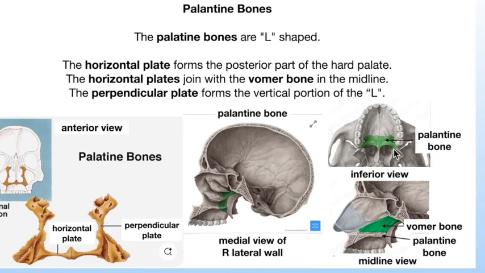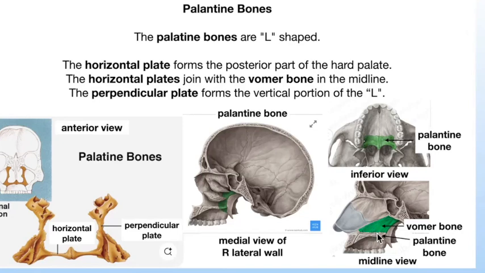And now we're looking at an inferior view of the hard palate. So the mandible has been taken off, and we're looking at the hard palate inferiorly, but this would be the part of the hard palate that you could press with your tongue. Okay, that's where we're located now.